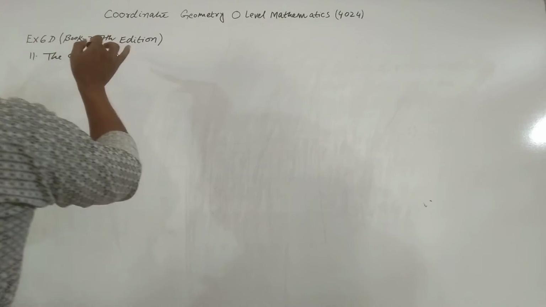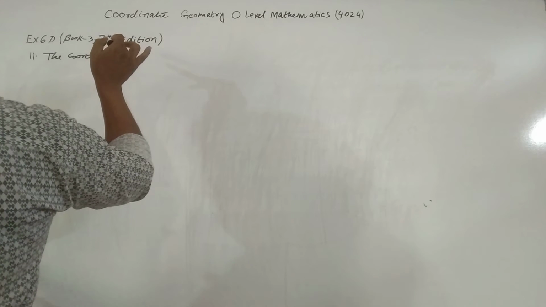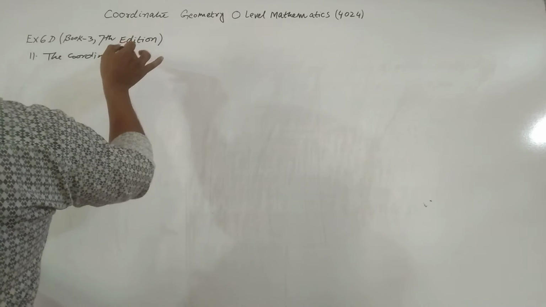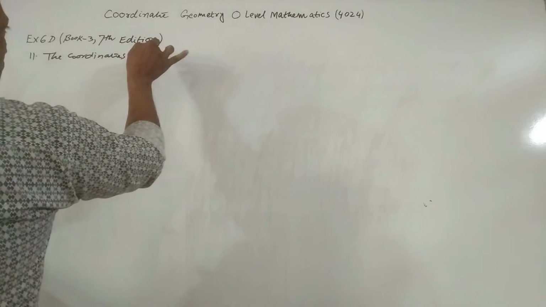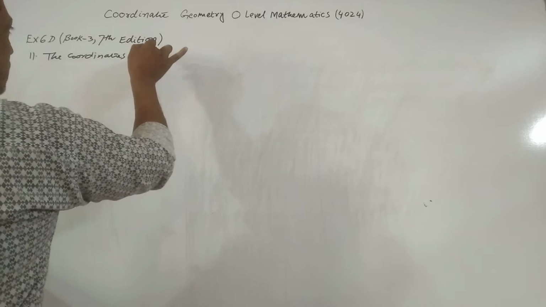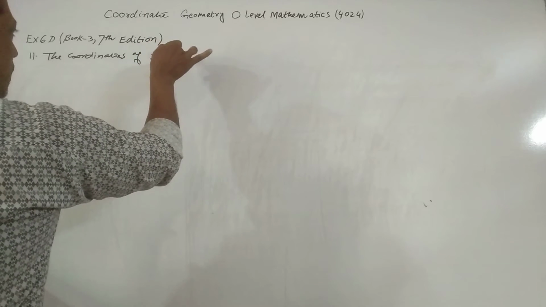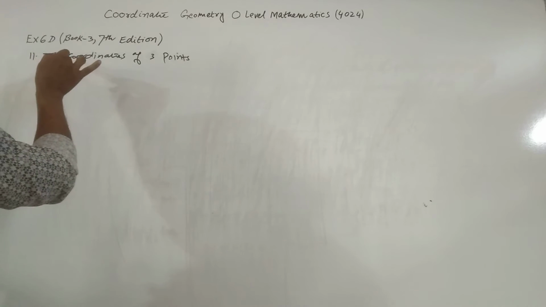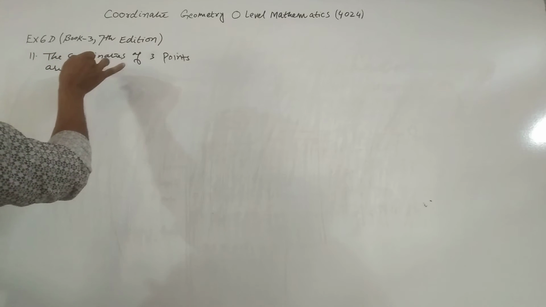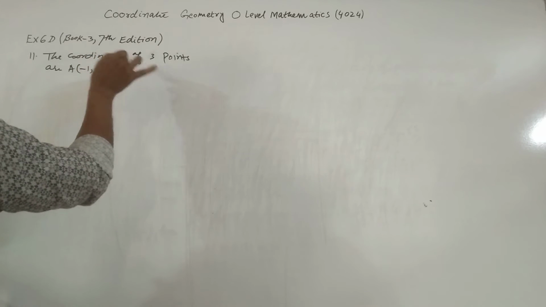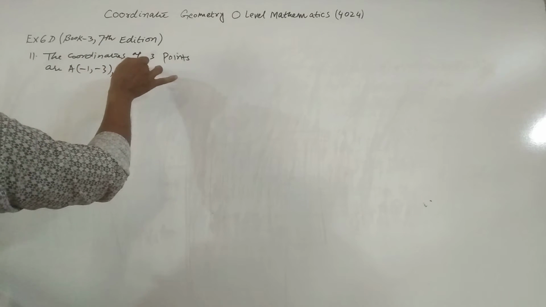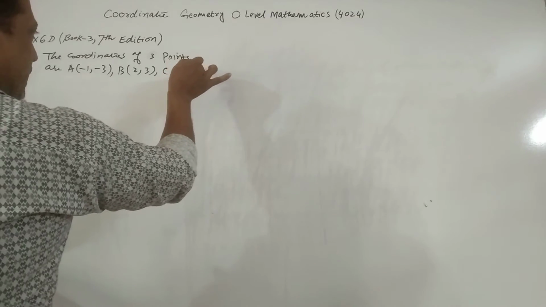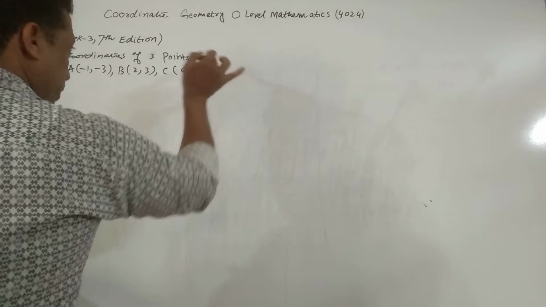The coordinates of 3 points are A(-1, -3), B(2, 3), C(6, k).